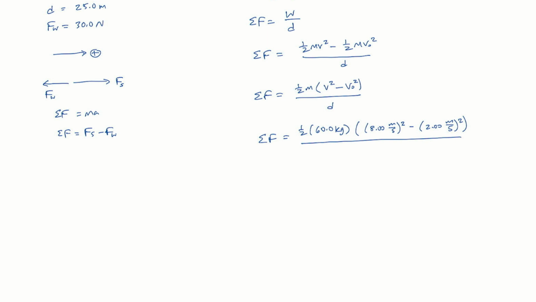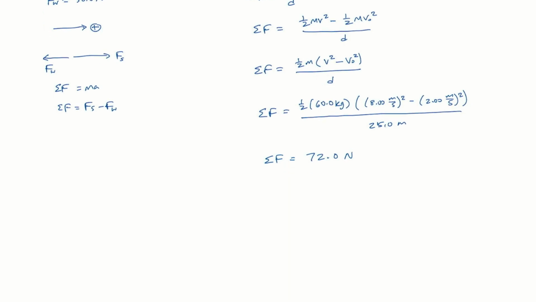All of that is divided by the distance that change in velocity occurs over, and that is 25.0 meters. I did that calculation and I got 72.0 newtons. So that is the net force.